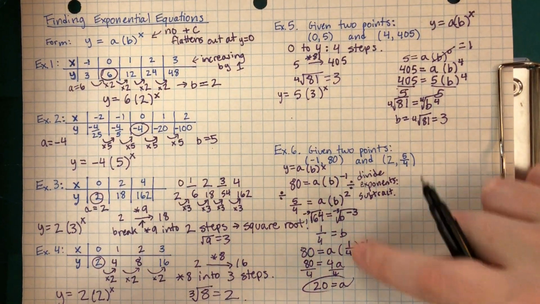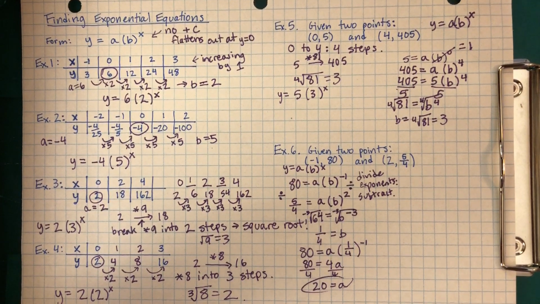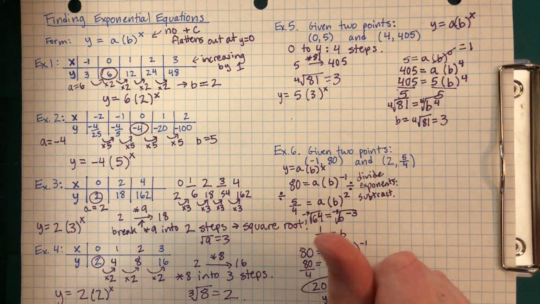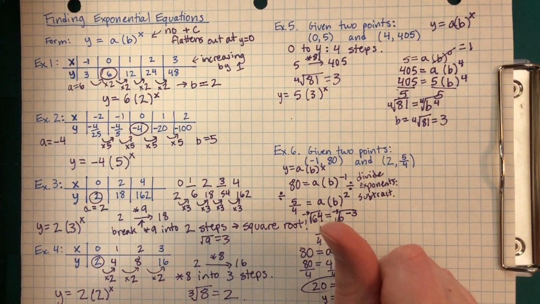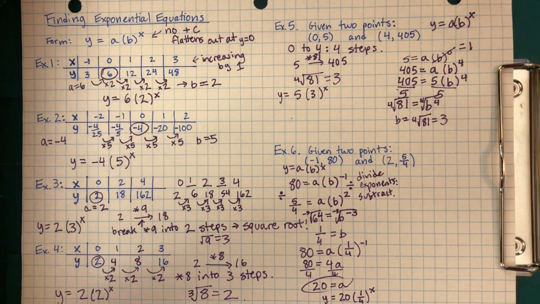So we found b, we found a. Our equation must be y equals 20 times 1/4 to the x. And if we wanted to, we could check that in the table.